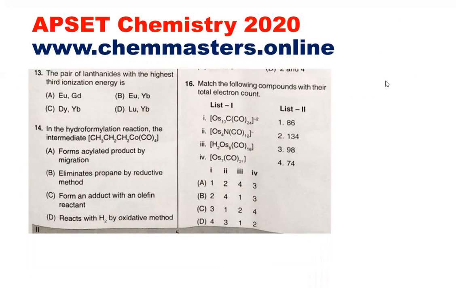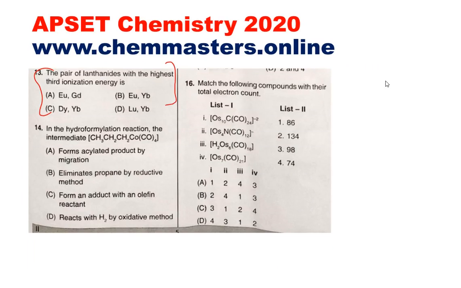Okay, and next question, the pair of lanthanides with the highest third ionization energies. It is very important to remember the electronic configurations of lanthanides and actinides, because we may get questions on them. If you know the electronic configurations, it is easy to find the correct answer. So here europium is having the valence electronic configuration 4f7 6s2, whereas ytterbium is having 4f14 6s2.